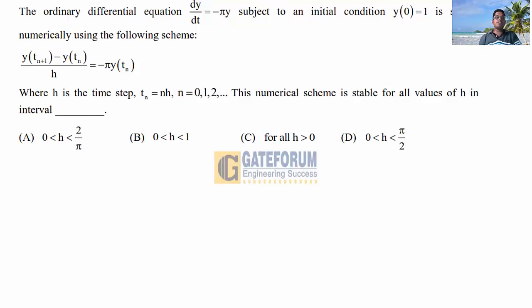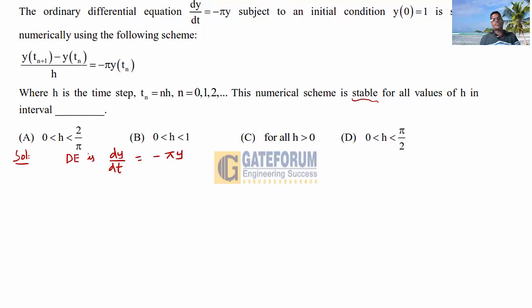This question is from engineering mathematics, from the topic numerical methods, subtopic numerical solution to ordinary differential equations, which is also called stability analysis. So please underline stable; it is nothing but stability analysis. In place of x, the variable t is given. Okay, there is no problem. So the differential equation is dy by dt is equal to minus 5y.